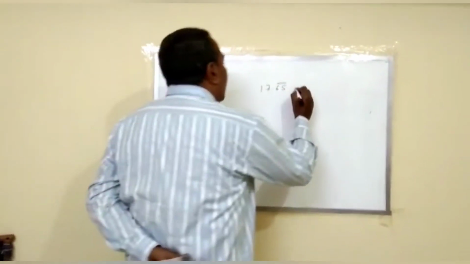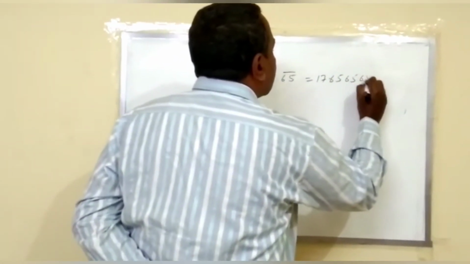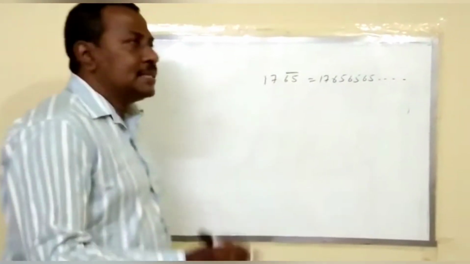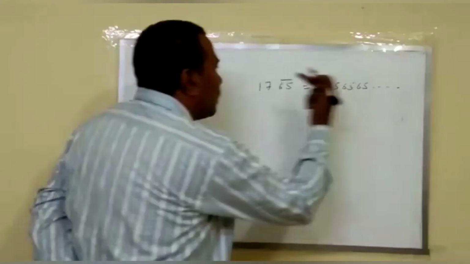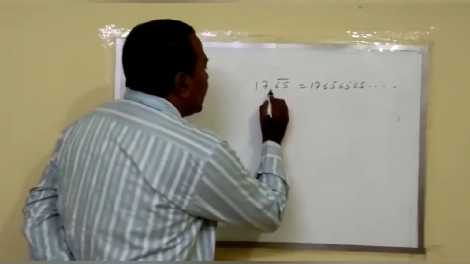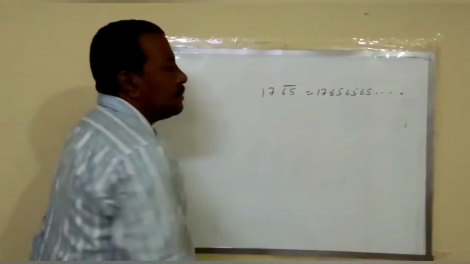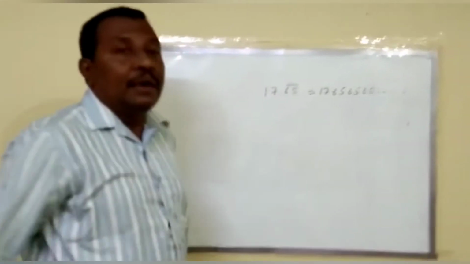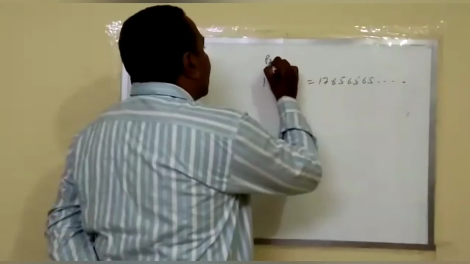What is the expanded form? 17.656565 and so on. That means after the decimal point, 6 and 5 are the two digits which are repeating continuously. So we can put a bar over 6 and 5.